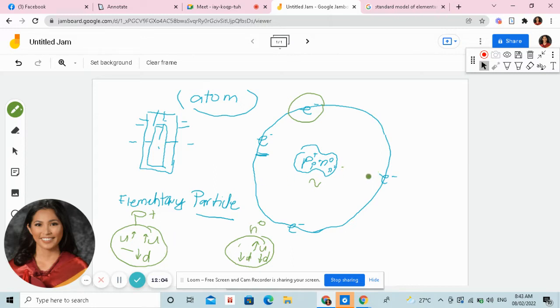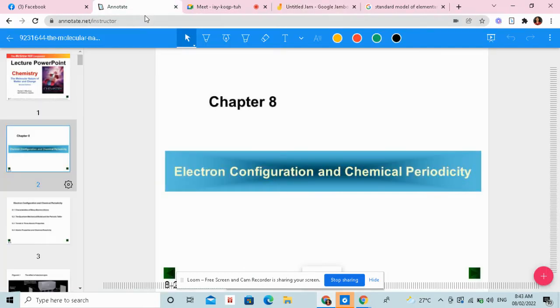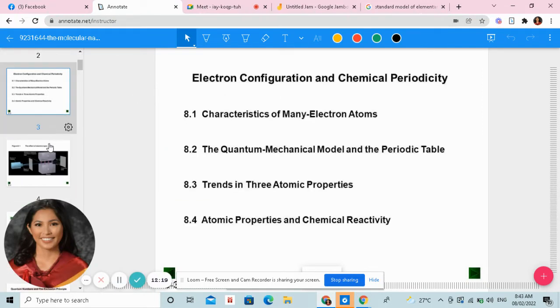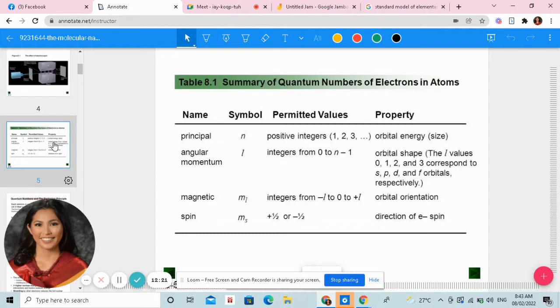Okay, so we have that one, the elementary particles. So particle is smaller than your atom. Then let's go.